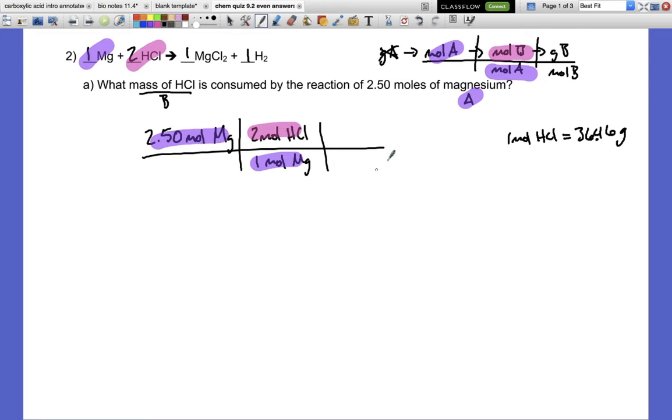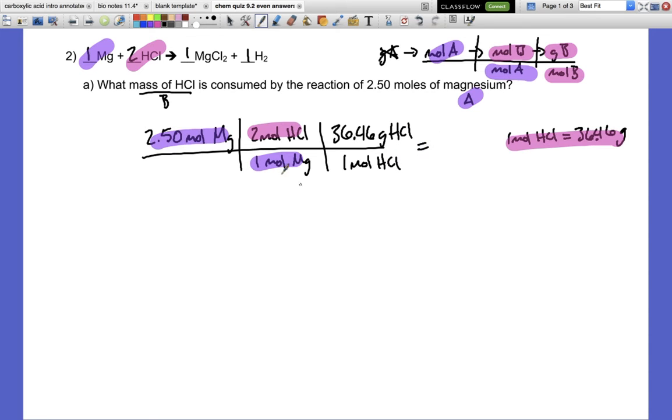But then my next step is to use this molar mass over here. So I need to put this into my work. I need the grams on the top and the moles on the bottom. But otherwise, I already know where it needs to be, 36.46 grams per mole. Both of those things are B, so they're both labeled HCl.